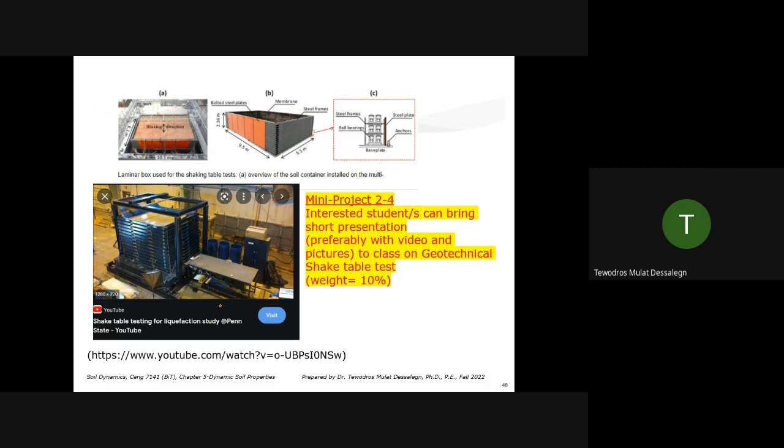You'll have significant settlement. I showed you in chapter 1, in the introduction section, significant liquefaction happening because of the Niigata earthquake in Japan, with cars and buildings getting swallowed underground. So those tests can be done at small scale or large scale.